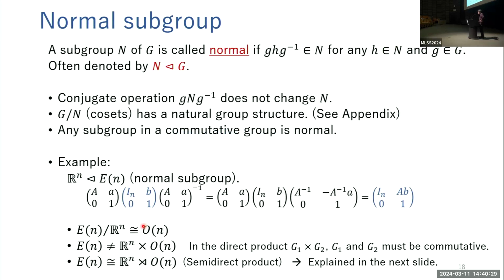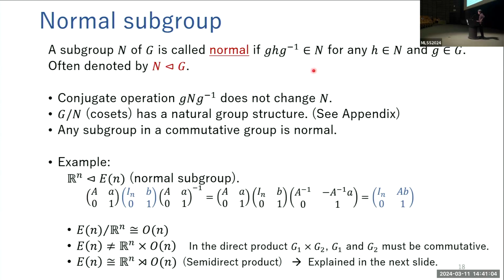A normal subgroup is also a very important class of subgroup, but for the purpose of this lecture I will just briefly explain it. A normal subgroup is a subgroup such that for an arbitrary element g, the element g h g^-1, which is often called a conjugate, is also included in the subgroup. Here h is taken from the subgroup, and g is an arbitrary element of G.